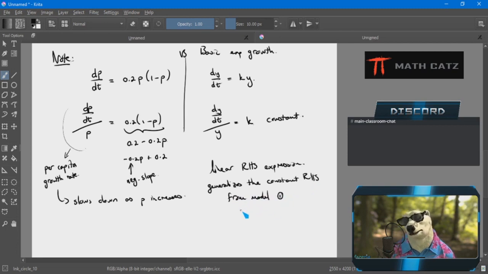If we look at the per capita growth rate, in the very, very simplest case, it's always the same. It doesn't get affected by the actual population size. One step up, and it becomes a straight line, linear change. And then, of course, one can go further and make it quadratic and so on. But linear is a very big improvement, and the complexity in the differential equation is still manageable.